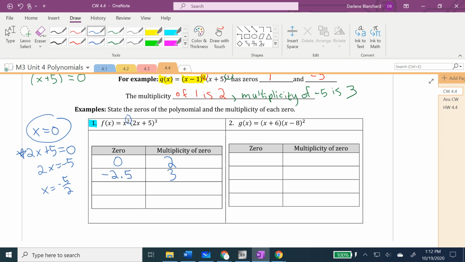Then, number 2. What are the zeros of g of x for number 2? Make sure you're looking at g of x right here.